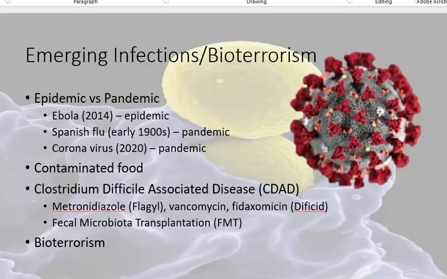The Spanish flu, millions were killed worldwide. Healthcare workers are encouraged to take the influenza vaccine annually. Foodborne infections are on the uprise in the United States. Spinach, ground beef, and lettuce were found to be contaminated with E. coli and other pathogens.